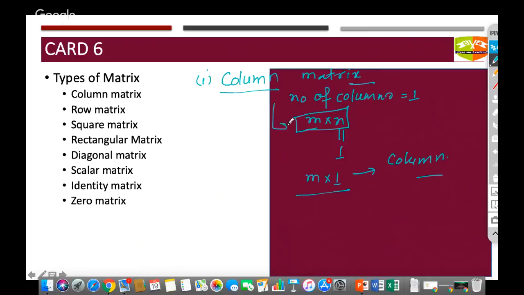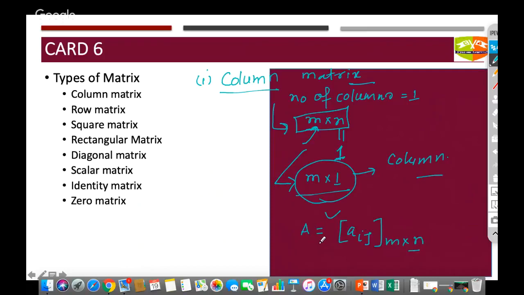Now you go and explain this by giving the order of a general matrix m into n, and you say that n has to be equal to 1, and if n is equal to 1, the order of the matrix becomes m into 1 in that case. Normally any matrix is represented in short form like this, aij, and I write the matrix m into n.